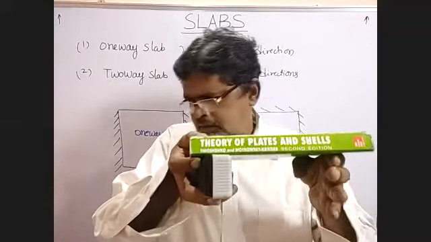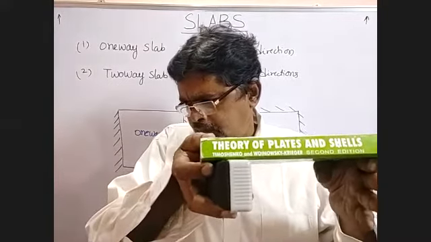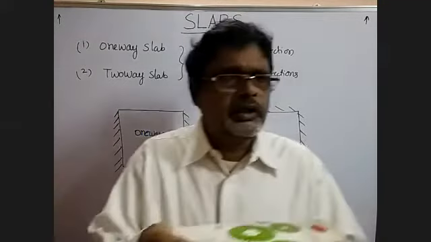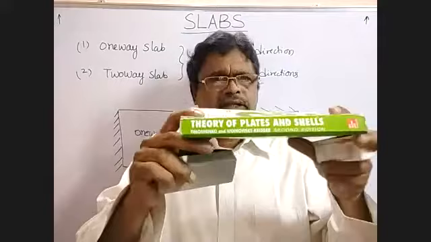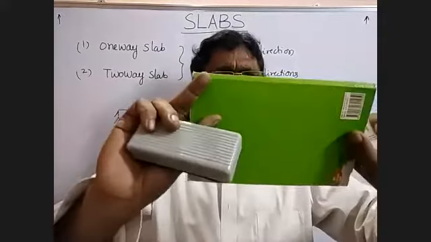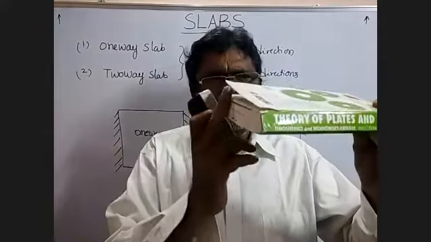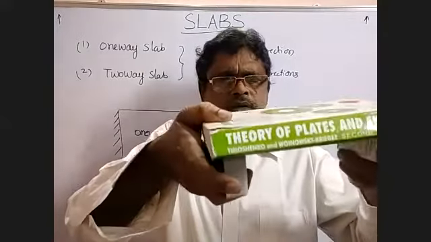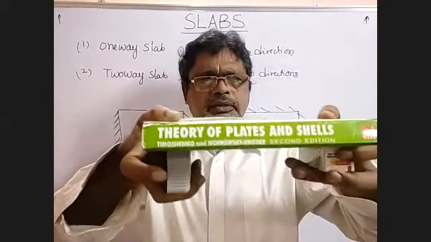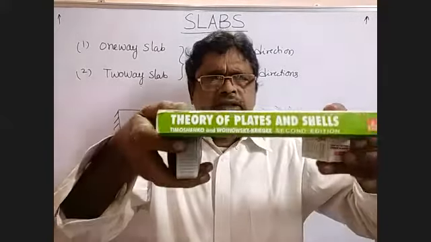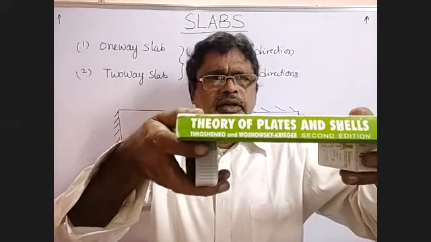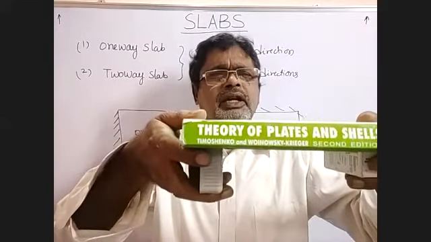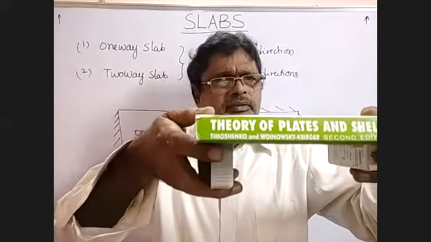The slab is supported on 2 edges, like this. See here, you have a slab here. This is slab and okay. Now one edge is supported here, another edge is also supported. If the opposite edges are supported, 2 opposite edges are supported, then this slab we call it as one-way slab.